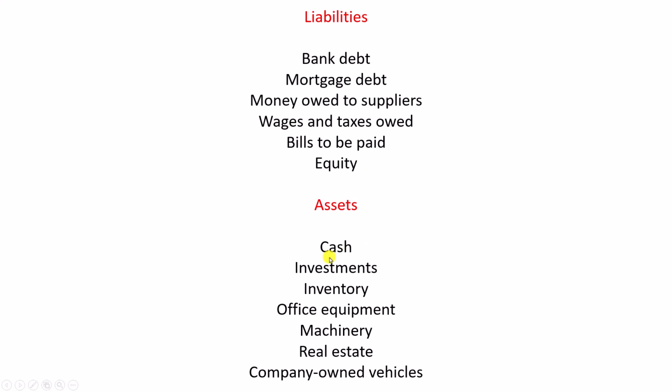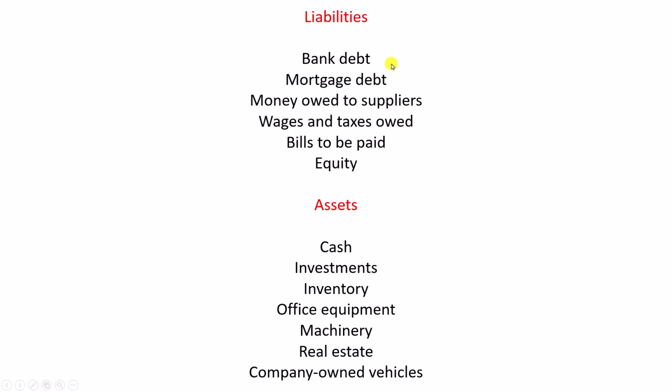For example, if it keeps the loaned amount as deposit somewhere else for higher returns, then the cash would be an asset of the company. If the company takes a loan from the bank and buys machinery, then the loan would be considered as liability, machinery would be considered as asset.